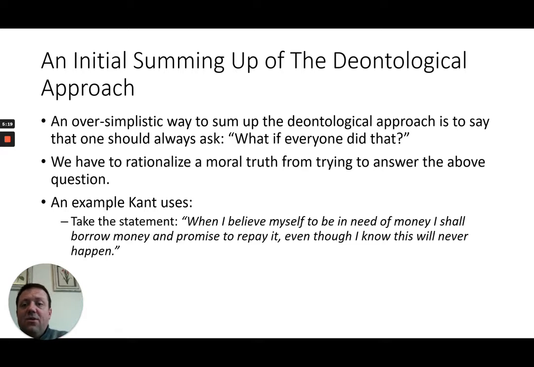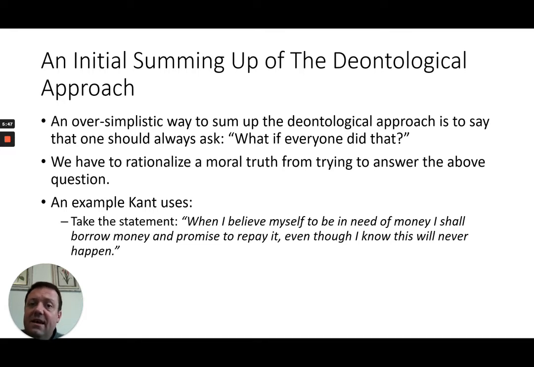So let's now look at a summing up of the deontological approach in a simple way. An overly simplistic way to sum up this approach is to say, what if everyone did that? So imagine you're thinking of breaking a promise. At that point, Kant says, you have to ask yourself, what if everyone broke promises? In other words, you have to universalize that idea.